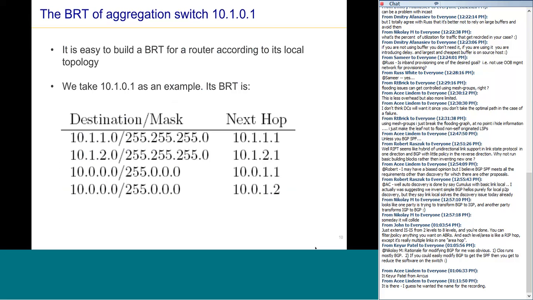So the BRT of the aggregation switch for 10.1.0.1 is easy to build because it's for routing according to the local topology. If we take 10.1.0.1 as an example, the BRT, the basic routing table, will be just shown in this table. So we have the destination mask and the next hop. 10.1.1.0, the next hop is 10.1.1.1, and for 10.1.2.0, it's 10.1.2.1.